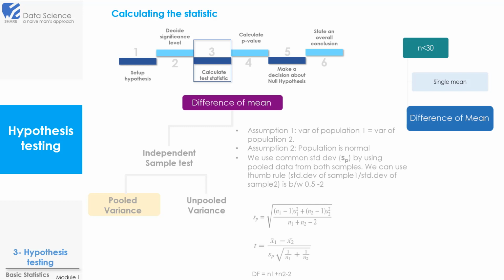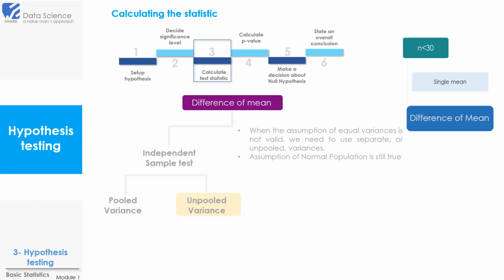After calculating the common standard deviation SP, we can use the T statistic formula as shown here and calculate our T statistic. And then we can use the degree of freedom as given here, n1 plus n2 minus 2, for calculating the p-value. And then we can proceed with the rest of the steps as shown at the top. So that is how we carry out the difference of mean test in case of pooled variance.